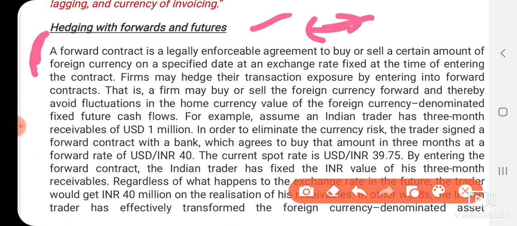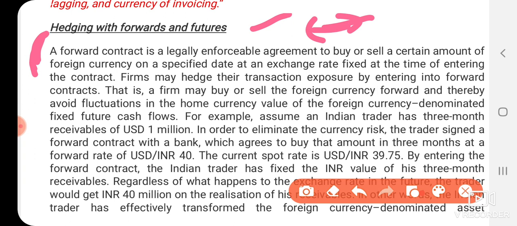A forward contract is nothing but an agreement between parties. First of all you should know the meaning of forward contracts and futures contracts.